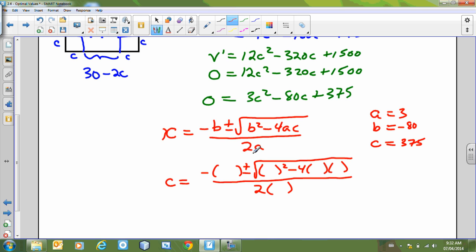I think it's important that you put in the brackets so we don't make silly mistakes with negative signs and so on. And then b itself is negative 80, we said. So we get negative 80 there, and a negative 80 in here. A is 3, so we get a 3 here and a 3 here. And c is 375, so we get a 375 in here.